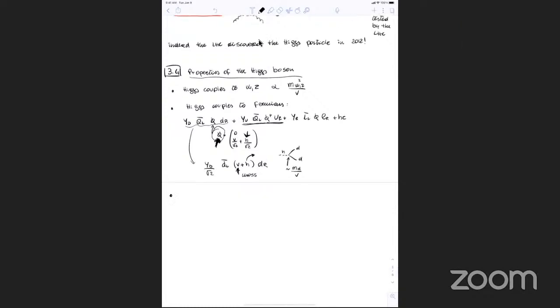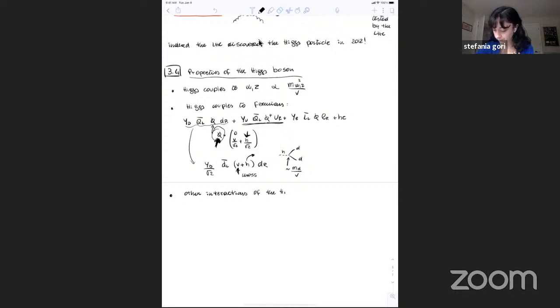So I was explaining the coupling of the Higgs with gauge bosons and fermions, and then we might wonder, are there other interactions of the Higgs? Actually there are other interactions coming from the scalar potential that we wrote down already.